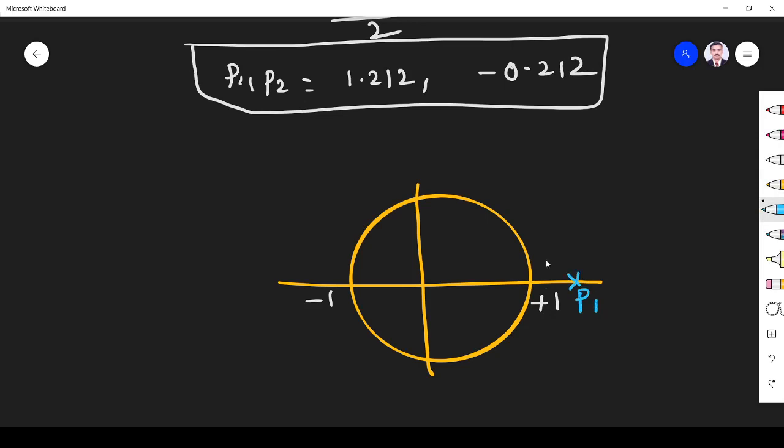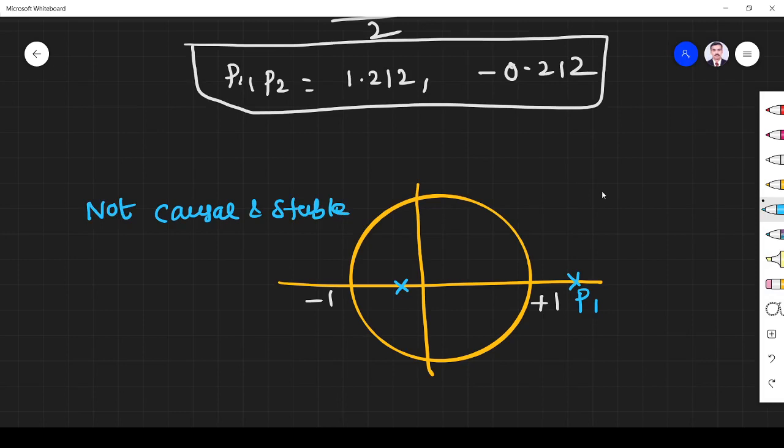It is P1. Another pole at minus 0.212, maybe here. So for causal and stable, all poles should lie inside the unit circle. But here one pole is outside the unit circle. So it is not causal and stable. Not causal, not stable.